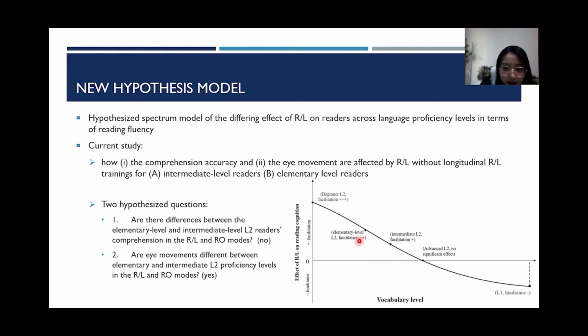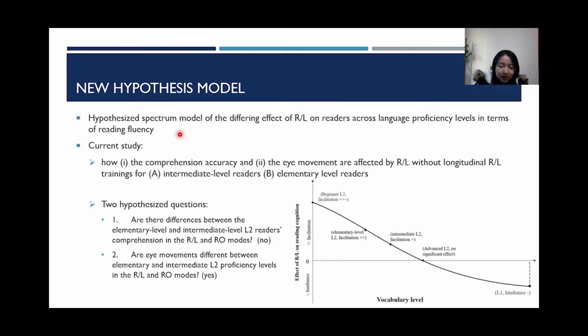Based on the theoretical mechanisms that we just discussed, we hypothesized that there will be a facilitation effect for both intermediate and lower level readers in our study. And we even hypothesized that the degree of facilitation for the two groups might be different. There might be more facilitation for the elementary level L2 readers than the intermediate level readers.